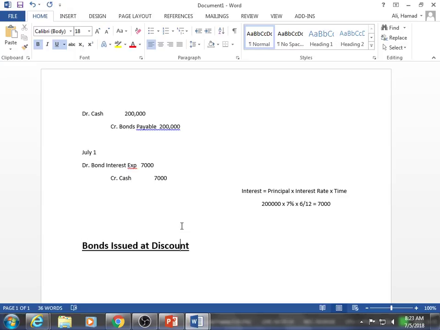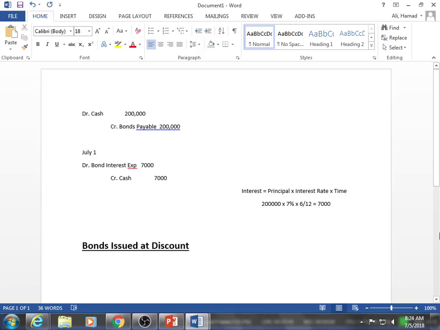When bonds are issued at a discount, that means the bond value is less than the face value, and that means the market interest rate is higher than the stated interest rate. If you go back to the last 2 or 3 lectures, you will find that out.